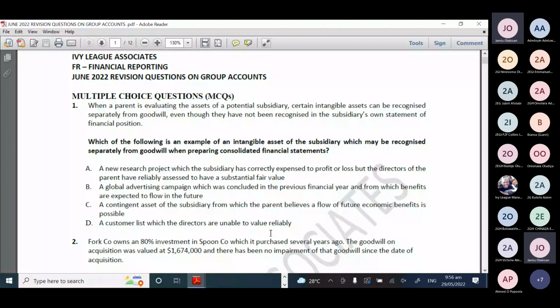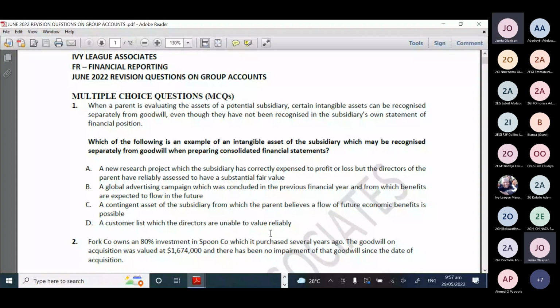Now, if advertisement cost is not an intangible asset, and IFRS 3 talks about what you should recognize when you acquire a subsidiary, it talks about intangible assets not previously recognized. It never talks about any other asset. So that rules out the global advertisement campaign. So B is equally not a correct option.